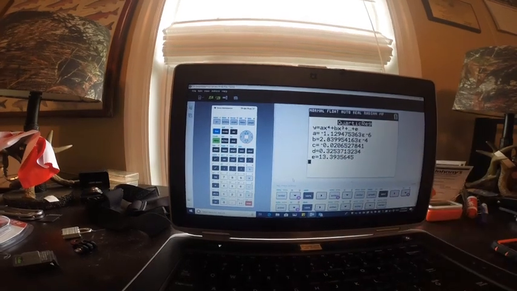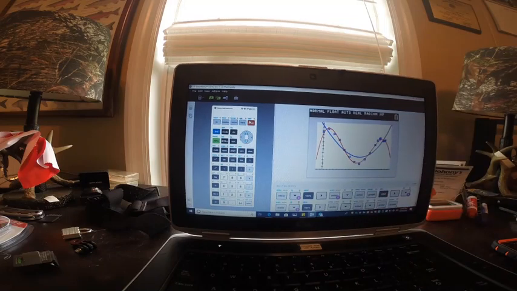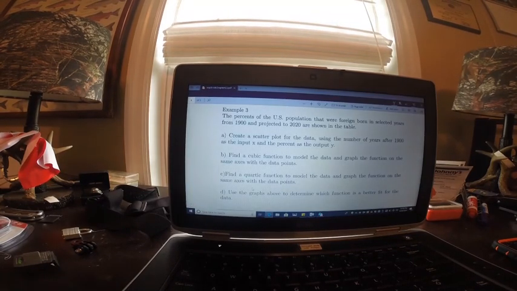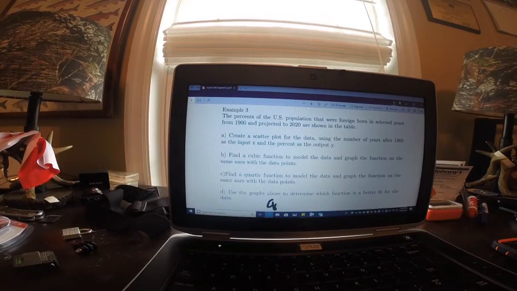And you could type all these in. No problem. If I hit graph to compare them, the blue one was the first one, the red one's the second one. The red one does a very fine job of getting really close to most points, right? Does a really, really good job. So in this case, I believe the next part says, use the graph to determine which is the better fit. Obviously, the quartic, in this case, is the better fit.